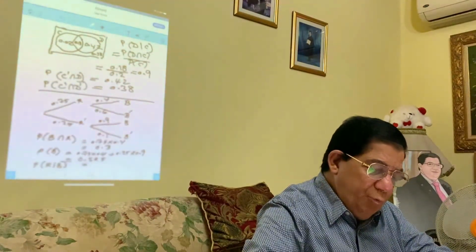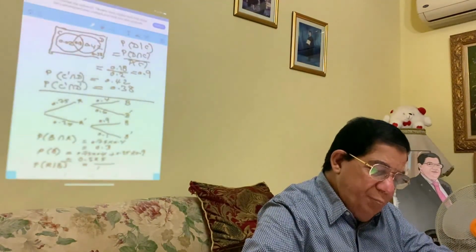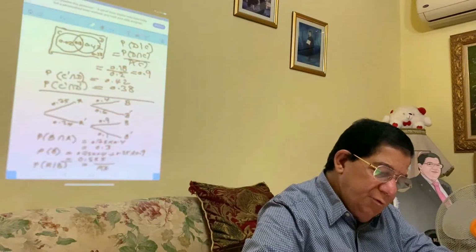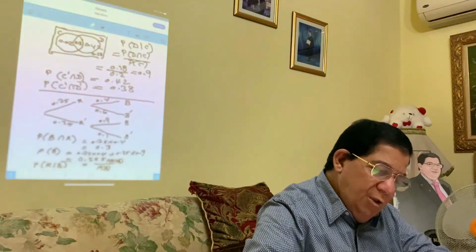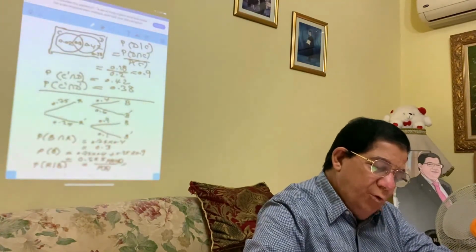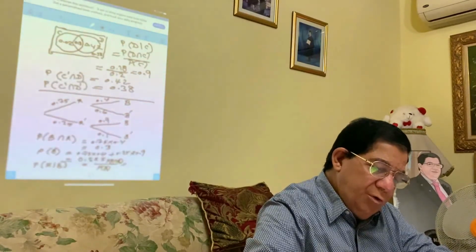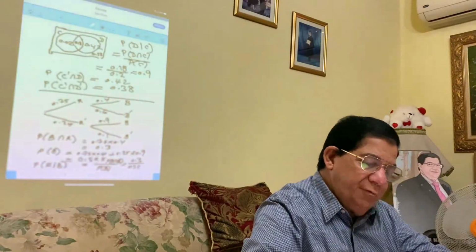So we put the probability of B down, and at the top we put the probability of R intersection B, which means the ratio of the two answers, 0.3 over 0.525.